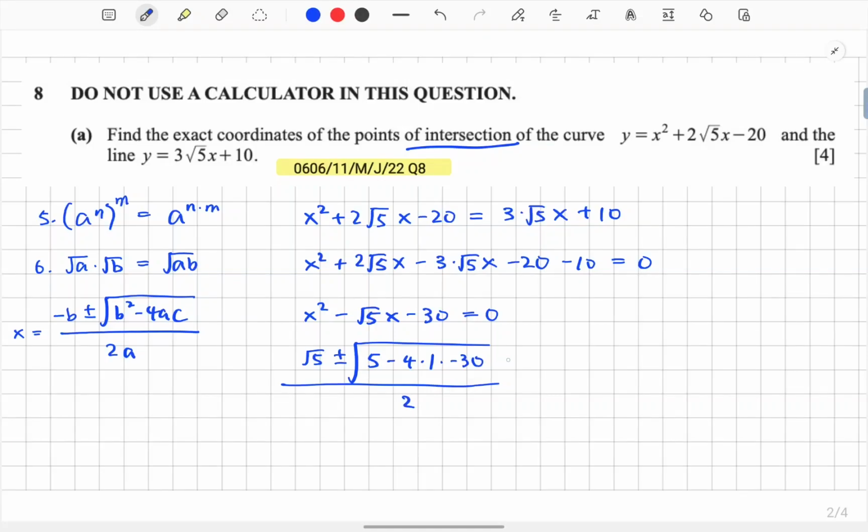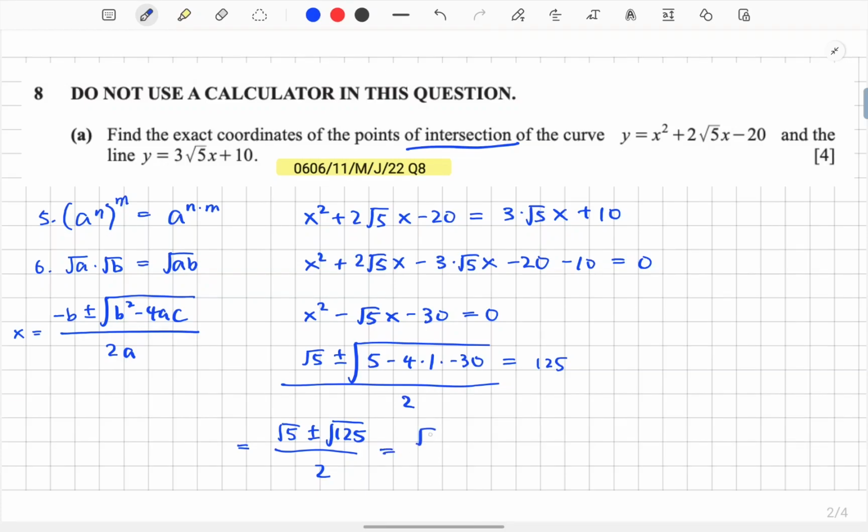But after simplifying the part here, we can find the number in the square root. It is 125. So this is root 5 plus or minus the square root of 125 all over 2. You might have noticed that 125 is actually a multiple of 5.